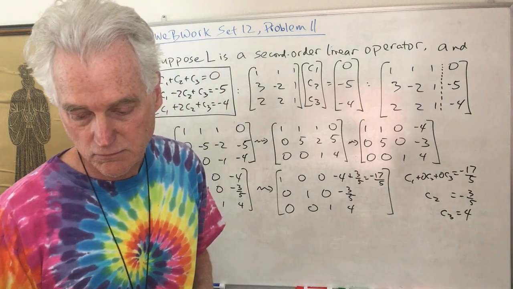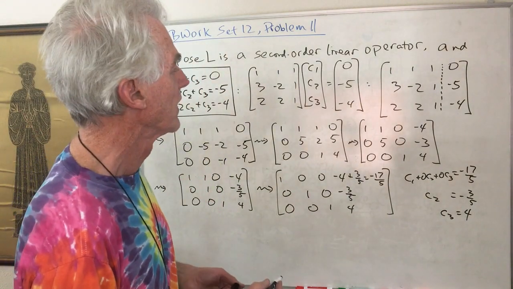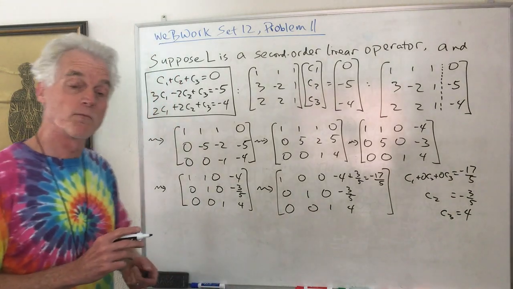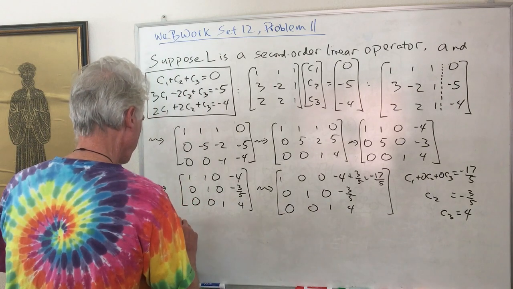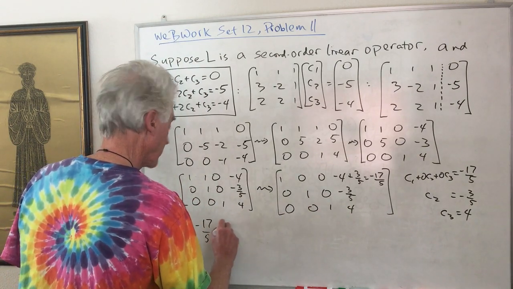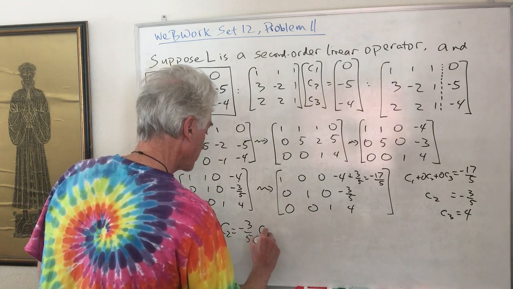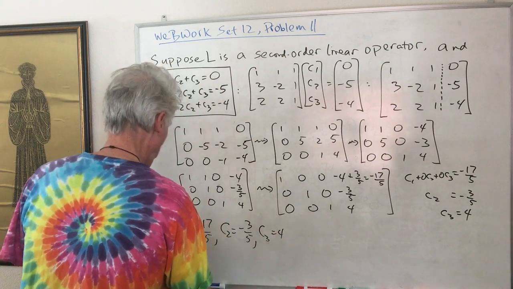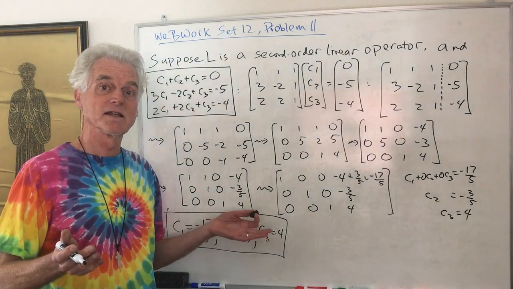Okay, let's see if that's what I did before. -17/5, yeah. So actually, this is right. So the answer that you plug in WeBWorK is that C1 is -17/5, C2 is -3/5, and C3 is 4. And there you're done.